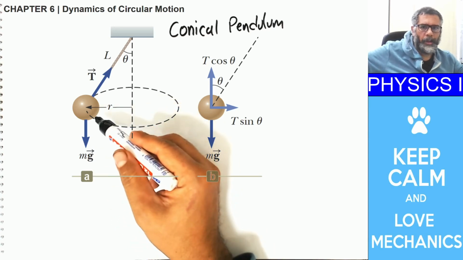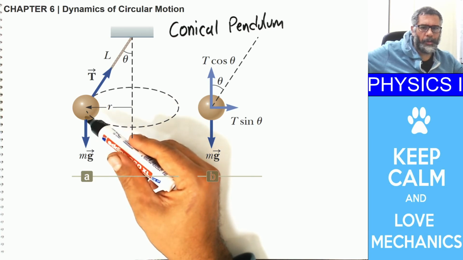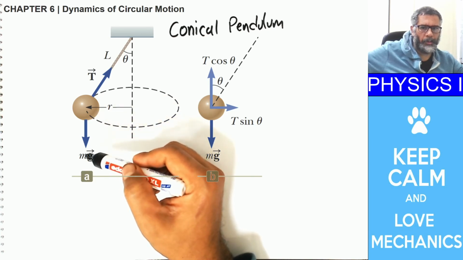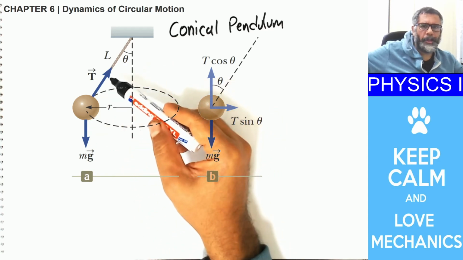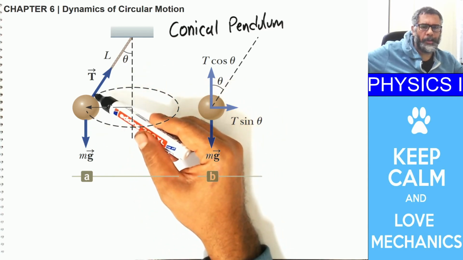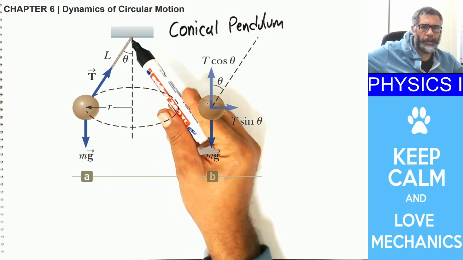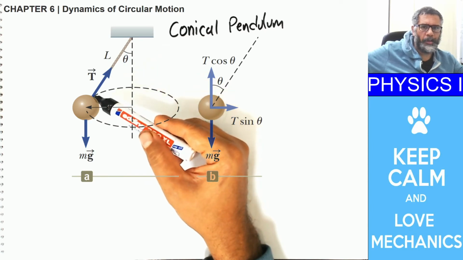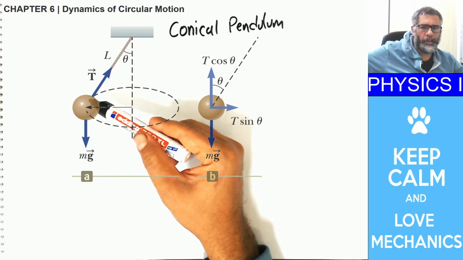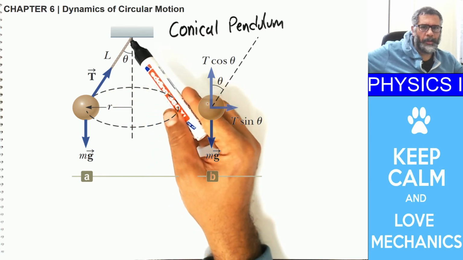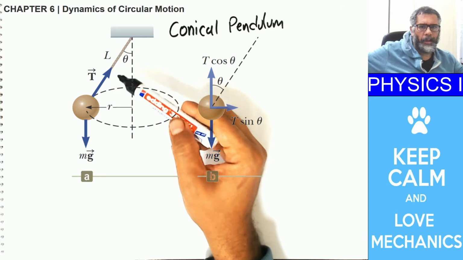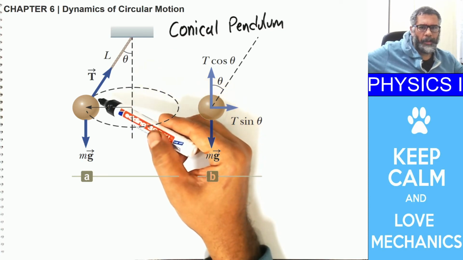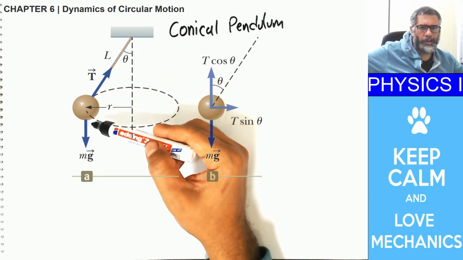This force is always downward, and the other force that acts on the object is the tension in the string, which is tied on one end to the object, and the string is tied to a fixed ceiling at the other end.